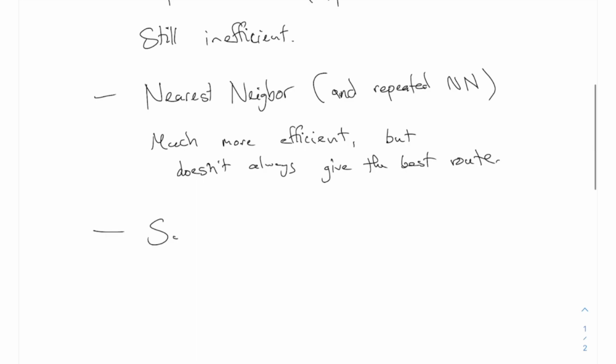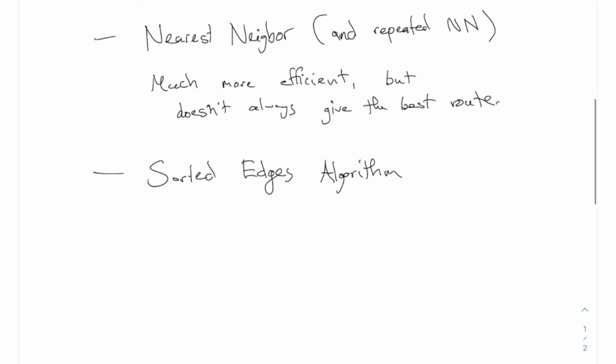This is called the sorted edges algorithm. And it is the same as what I said about the nearest neighbor. It is also much more efficient than the brute force. You could easily do a big example by hand, and we're going to do some examples by hand, of course.